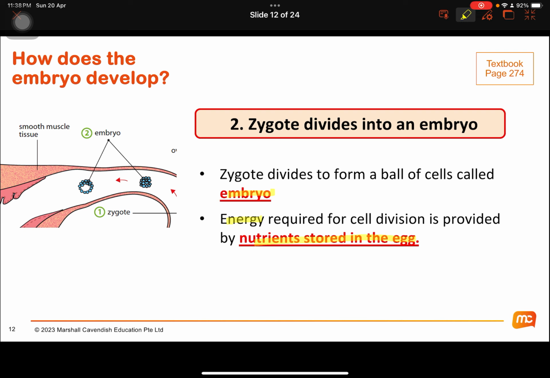And this energy is only sufficient for early development of zygote into embryo. Alright, it's a very temporary measure until it is successfully implanted into the uterus and will obtain all these nutrients from the mother's blood instead.